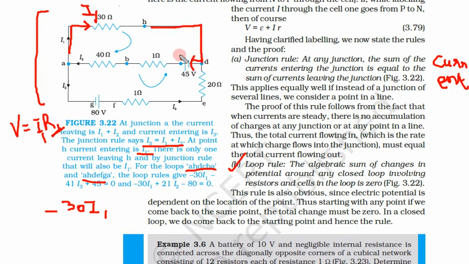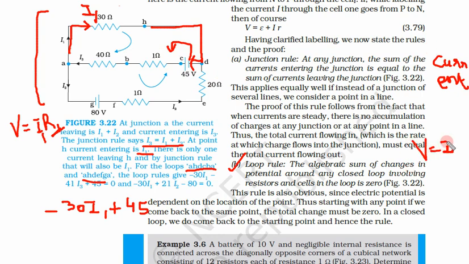Then what we get? We get a cell. So what is the potential of this cell? Negative to positive, so the potential is increasing. That means plus 45. Again, this does not have any resistance, it is only a voltage.